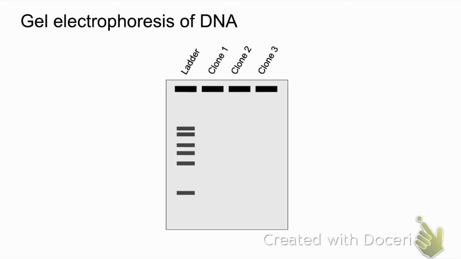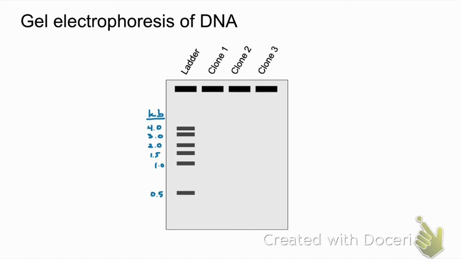So now what we're going to take a look at is a simulation of the results that we would expect to find. On the far left-hand side, you can see we have a lane that's labeled as ladder. Oftentimes in DNA gel electrophoresis, we use a standard ladder with fragments of known sizes to compare to our samples. So for example, this is what we would call a 1 kb ladder. We have fragments of 0.5 all the way up to 4 kb.